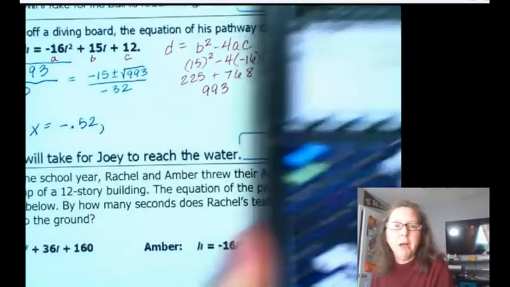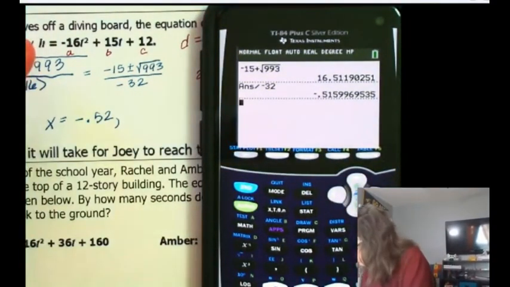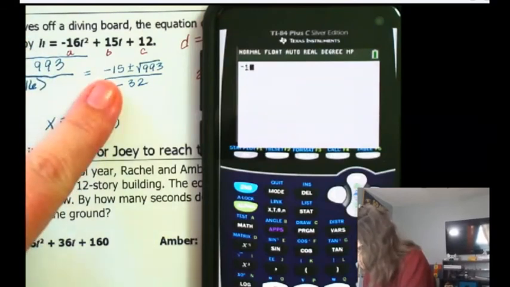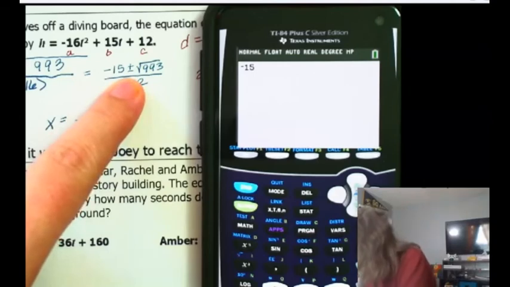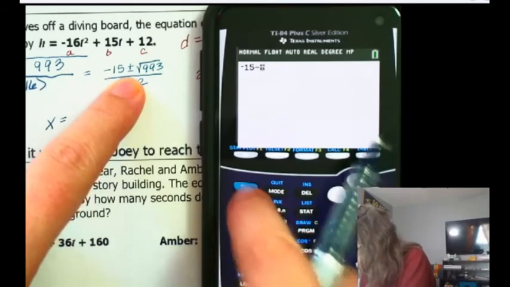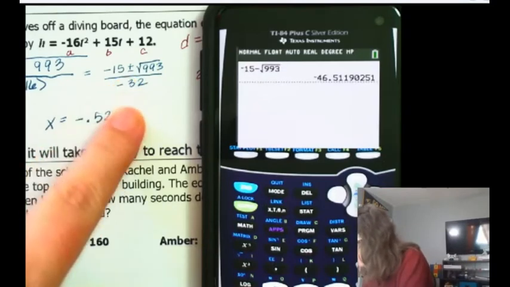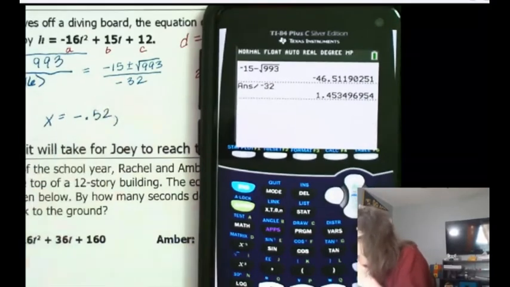Let's find the positive solution now, okay? So I'm going to clear this out, and I'm going to type this in again. Negative 15, but this time I'm going to use the minus square root of 993. Now I'm going to divide it by negative 32, and I get a positive 1.45.